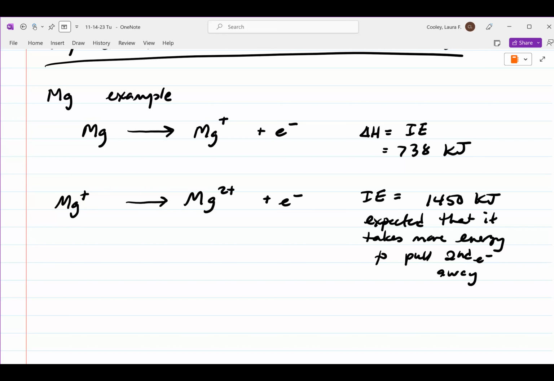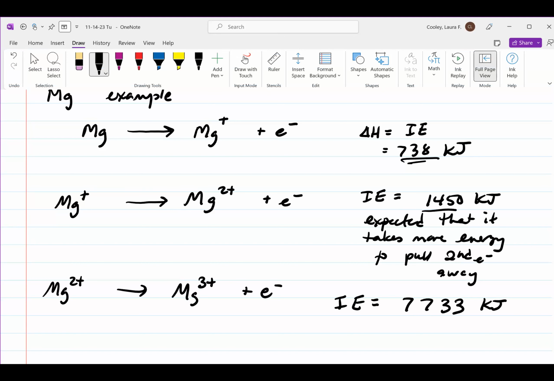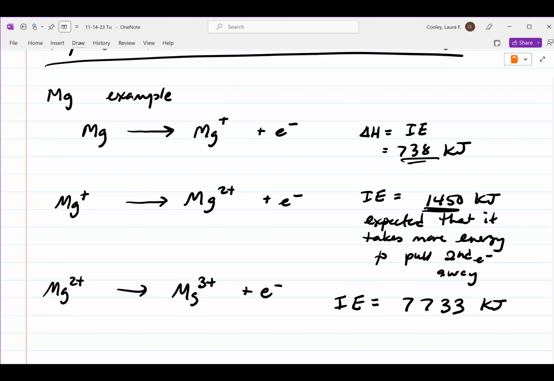But here's the really amazing thing. If I take magnesium 2+ and I pull off another electron, this is what happens to the ionization energy. So look at this. Here you have a certain ionization energy for the first process, 738. Then it doubles, right? It goes up to 1450.